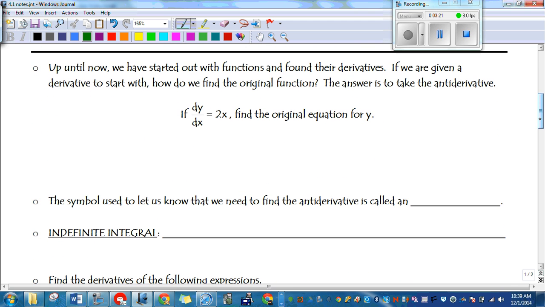Now, up until now, we've started out with functions and found their derivatives. But if we're given a derivative to start, how do we find the original function? Well, the answer is to take the antiderivative. This is something we'll talk about a little more as we go on, but this is called a differential equation.